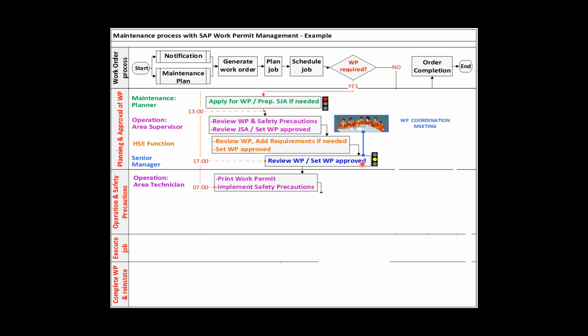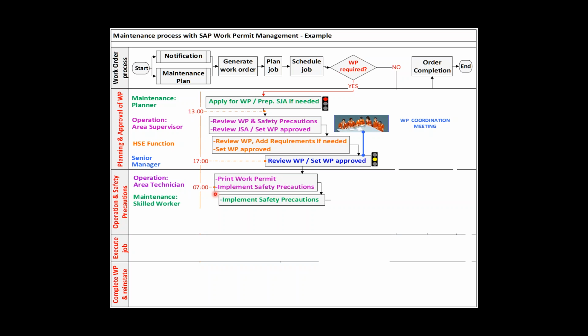The next step: now here we are at 5 o'clock the day before, and usually during the night, the night shift before the morning is printing the work permit and preparing the safety documents so that the area technician, when he comes in at 7 o'clock, can start the implementation of safety precautions.